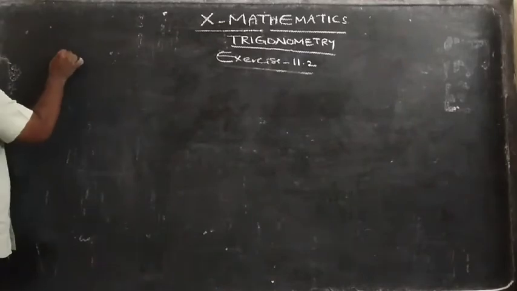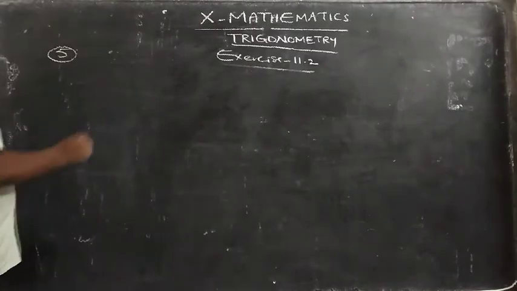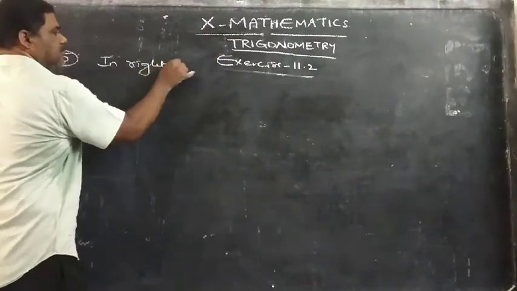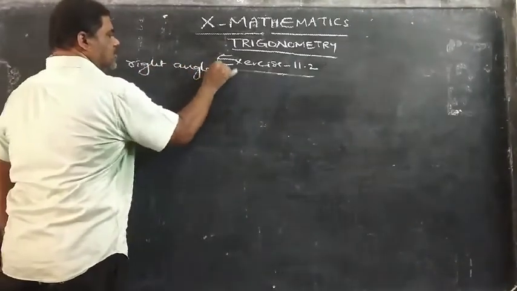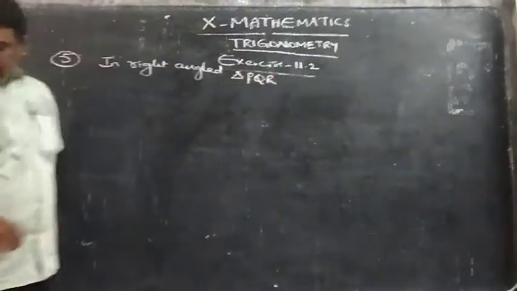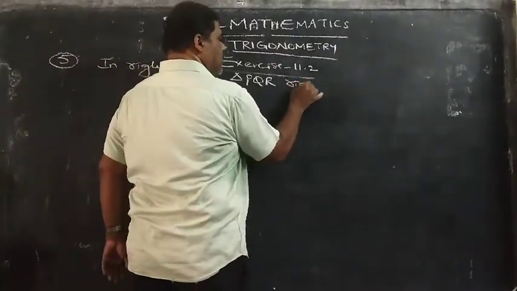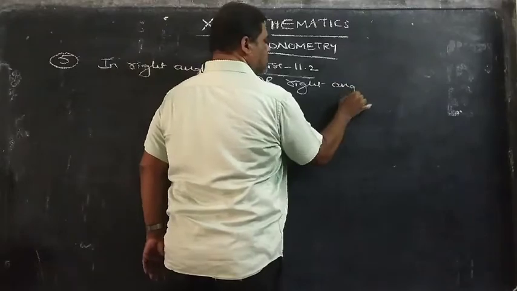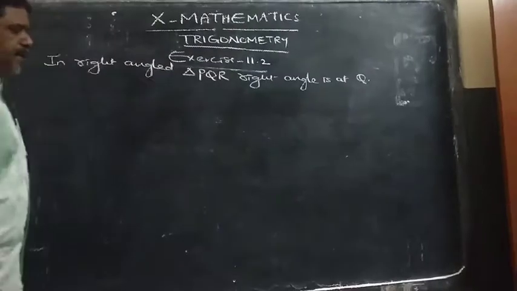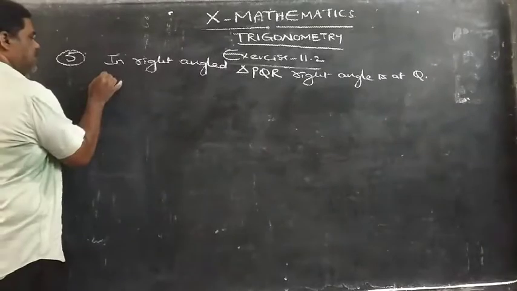Right, question number 5. In right angle triangle PQR, right angle is at Q and PQ is equal to 6 centimeters.